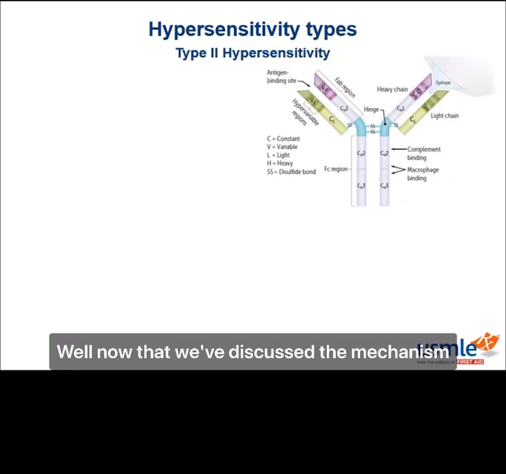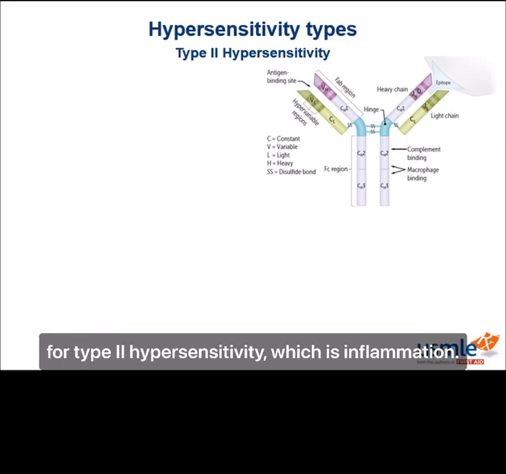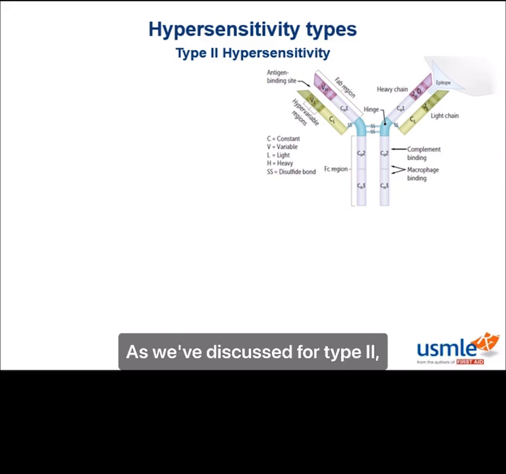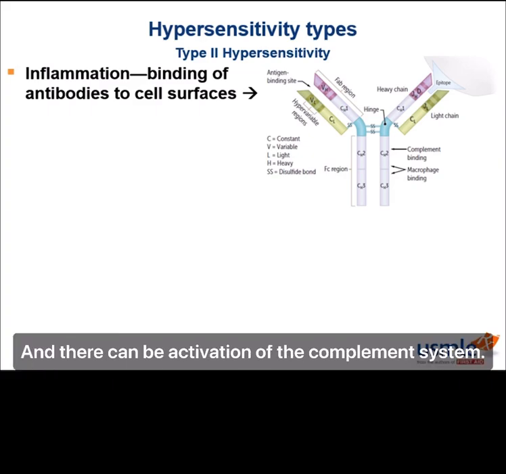Well, now that we've discussed the mechanism of cellular destruction with phagocytosis, complement and natural killer cells, let's move on to the second mechanism for type 2 hypersensitivity, which is inflammation. As we've discussed for type 2, antibodies bind to cell surfaces, and there can be activation of the complement system.